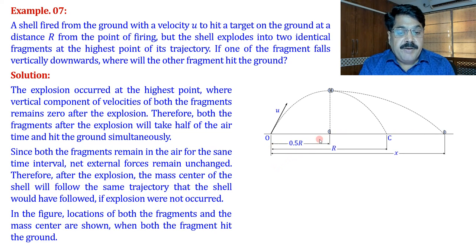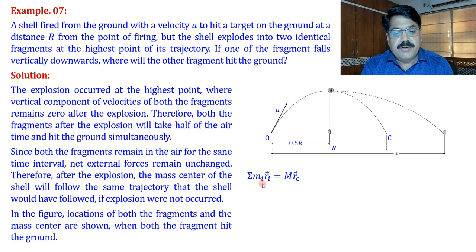This we know is 0.5 r. The location of the mass center is r, and the second fragment's position is an unknown x. We can use the definition of mass center: m1 x1 plus m2 x2 is equal to total mass into x. That is, summation mi ri vector is equal to mass into rc.